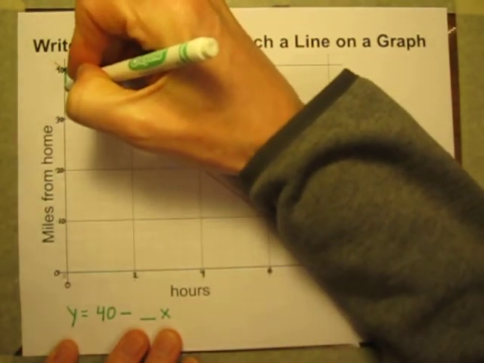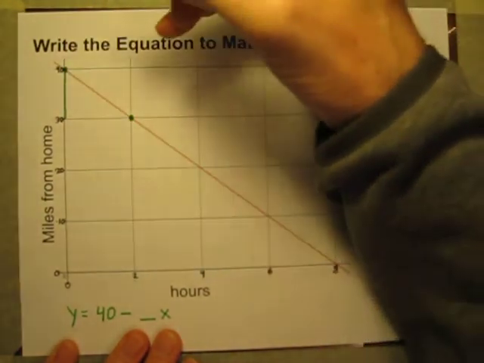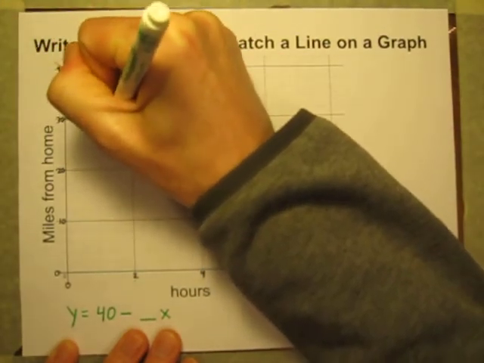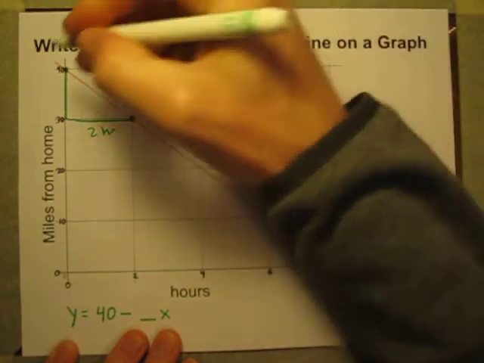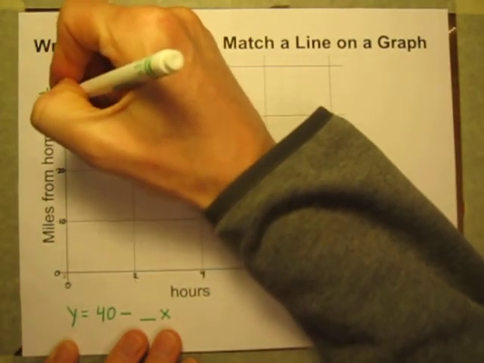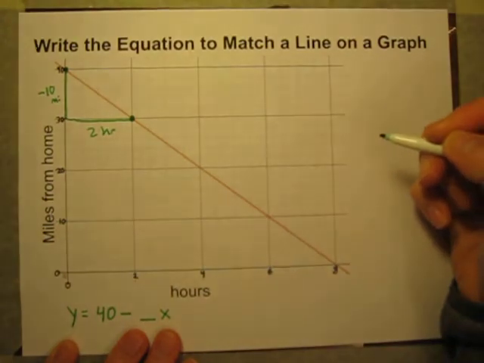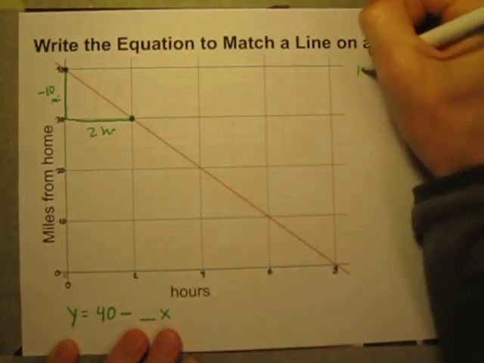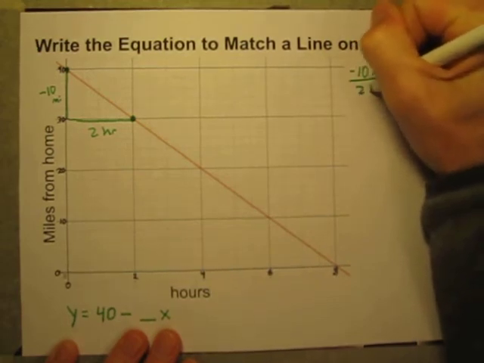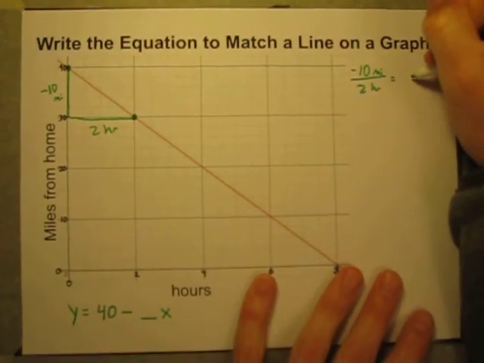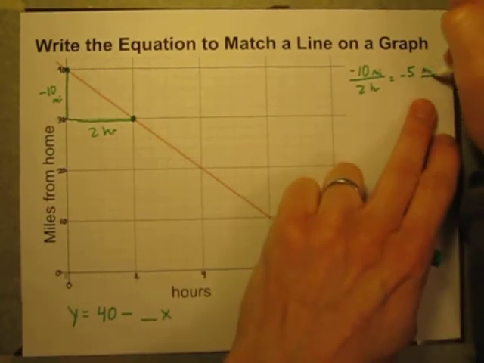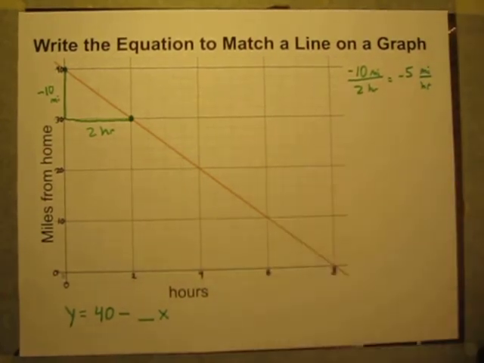So it looks like in 2 hours, the distance has decreased by 10 miles. If the distance decreases by 10 miles in 2 hours, that is going to be equal to negative 5 miles per hour.